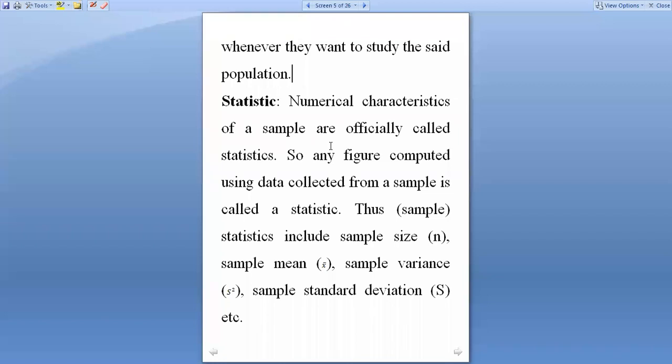I also want you to pronounce to yourself the word statistics. So compare it with the first word, statistic, and then statistics. What is the difference between the two? I want somebody to unmute and tell me the difference between the two, statistic and statistics.